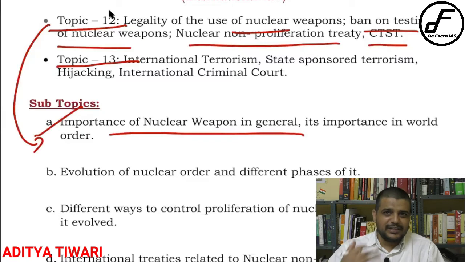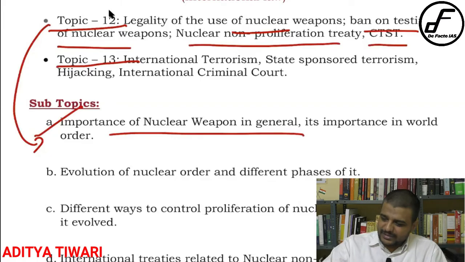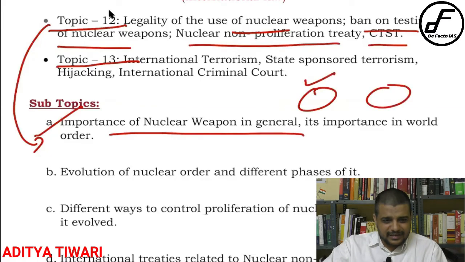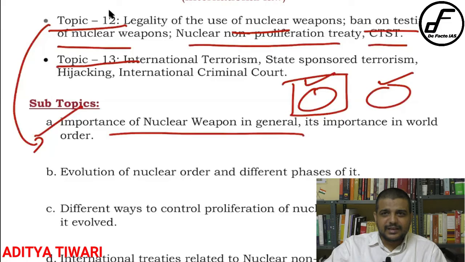If you study international relations, in GS Paper 2, you must have seen that there are two different theories with regard to international relations. One is the realist theory and another is the liberalist theory. In the realist theory, the basic assumption is that every country is fearful of another country, and in order to balance that fear, they start to take up more and more arms and ammunition so that they can feel safe.